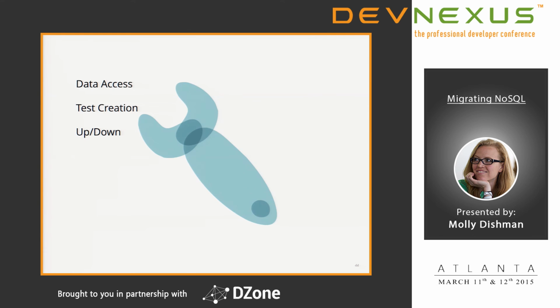Deciding whether or not you want to be able to, so I called this up-down. If you're familiar with Rails, this is the default. Can you change your data one way, and can you revert that? When you're looking at tools, think about whether or not you want to be able to revert that migration.